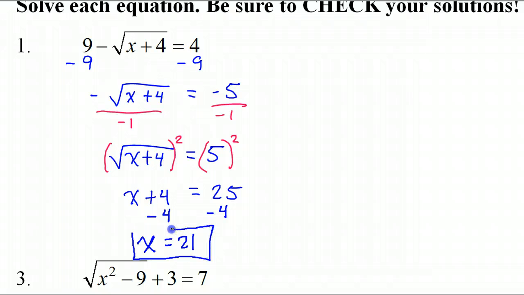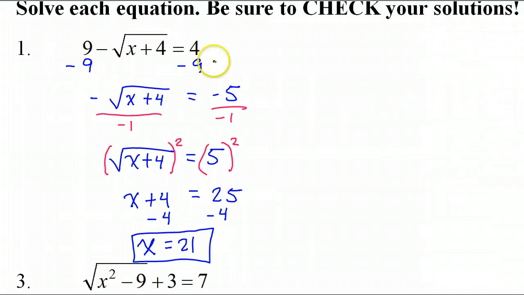Okay, and that is probably the answer. I say probably because when you're solving radical equations, you have to check your solutions. This is not an option. This is part of the process. You have to do it.